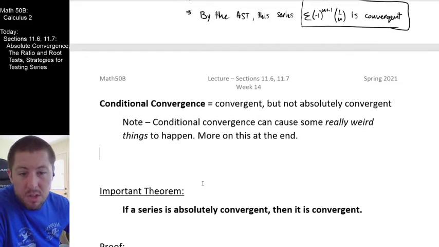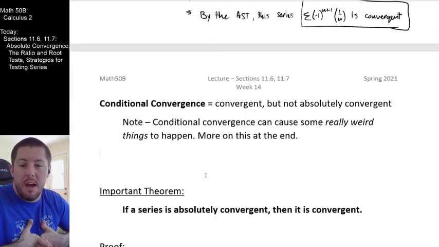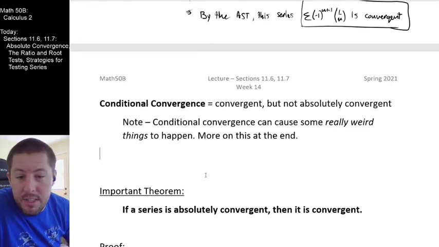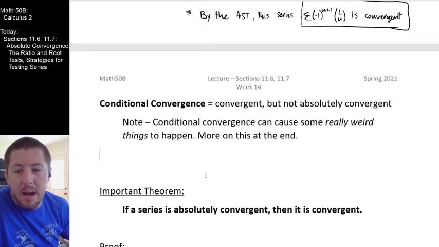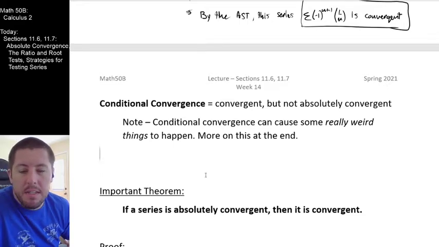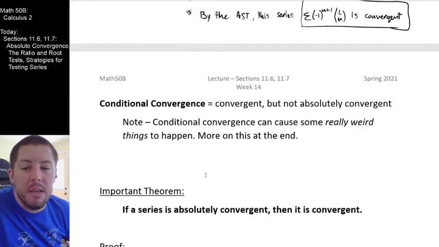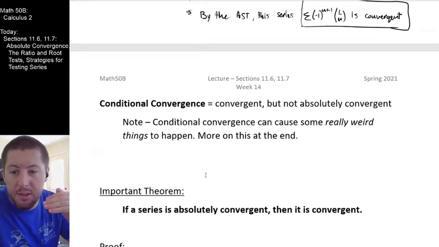All right, so here's our important theorem that's summarizing what we saw above. If a series is absolutely convergent, if it converges even if you took the positive version of every single number, then it seems reasonable to me that it should just be regular old convergent, and we're going to write a proof of it right here. My argument is that if you were to take every number's positive version and even that converged, then if you switched some of the positives to negatives, you should be getting a smaller overall value for your series.